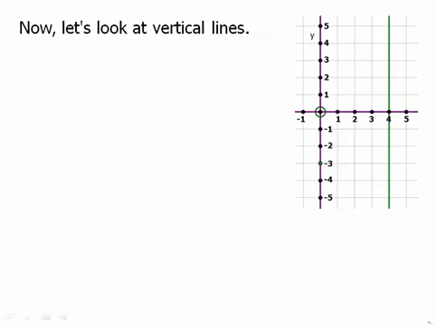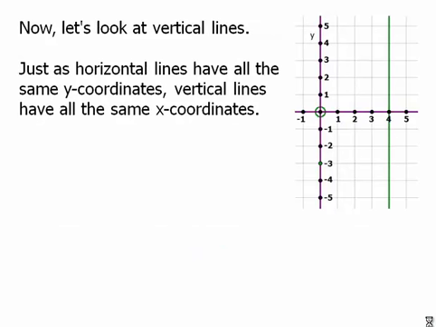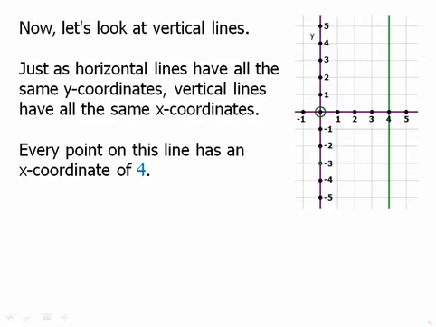Now let's talk about vertical lines. Just as horizontal lines have all the same y-coordinates, vertical lines have all the same x-coordinates. So here we see that the line crosses the x-axis at 4, and we see that all the points above it and below it are at that same distance to the right of the y-axis, so they all have to have an x-coordinate of 4.